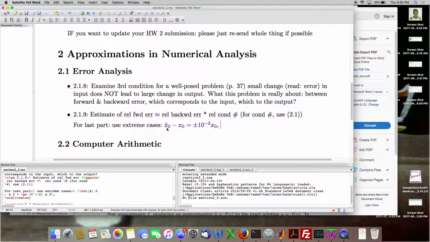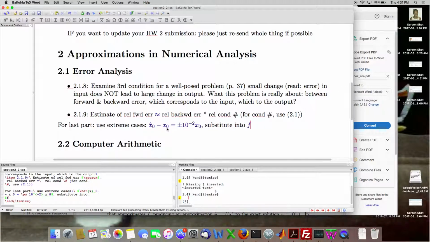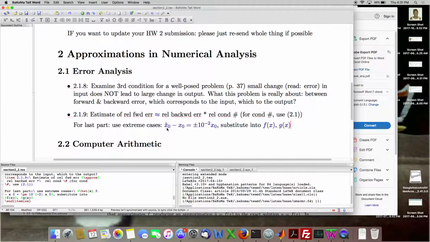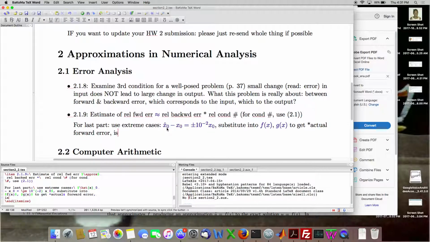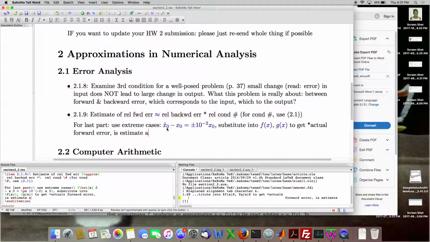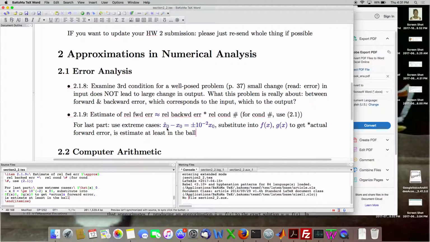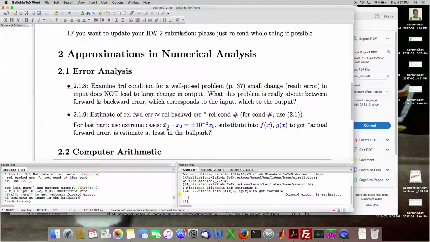And then you can substitute into your functions f of x and g of x to get the actual forward error. And the question is, is the estimate at least in the ballpark? I'm just looking for your observation there. So here we have just an error estimate based on an estimated condition number.